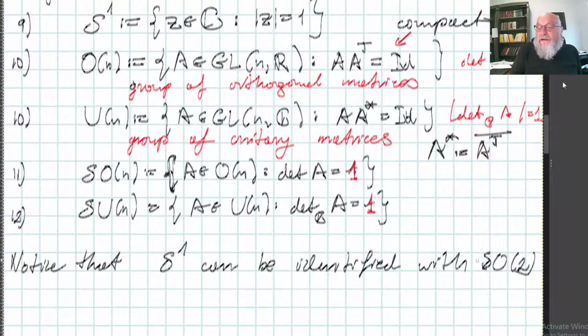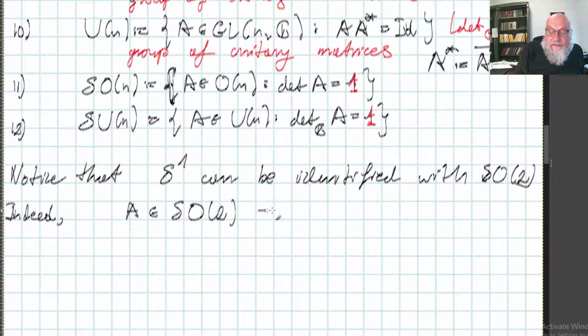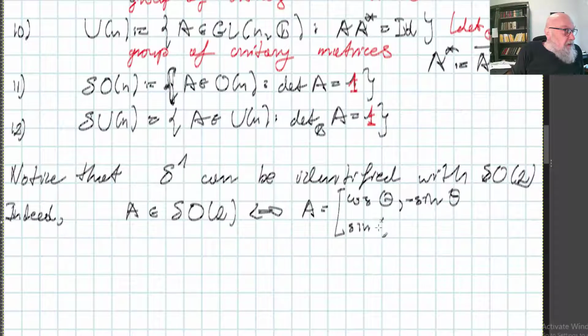Indeed, if you take any matrix that belongs to SO2, this matrix is actually a rotation, so it can be represented as cosine theta, minus sine theta, sine theta, cosine theta.